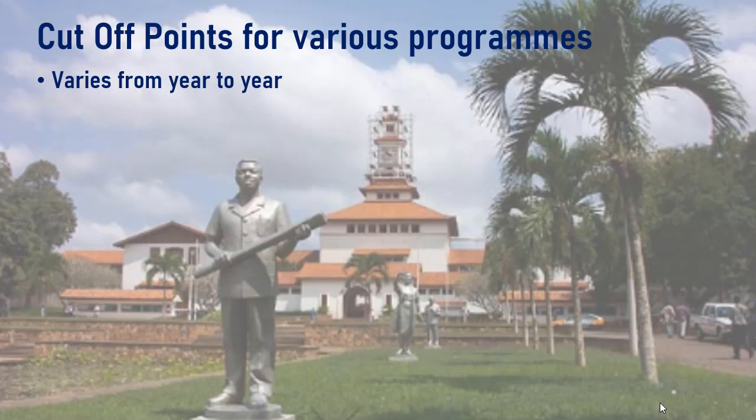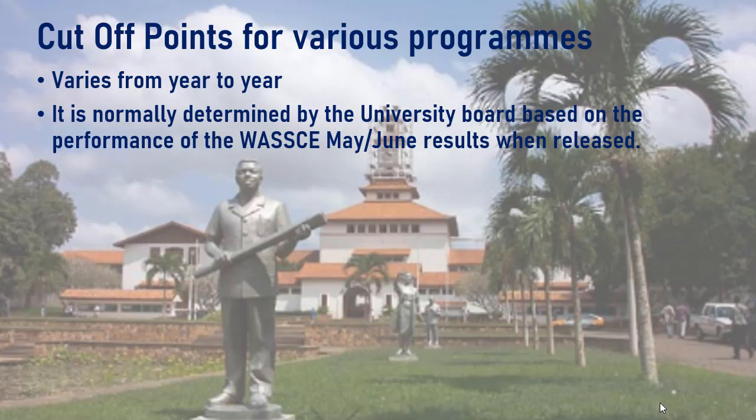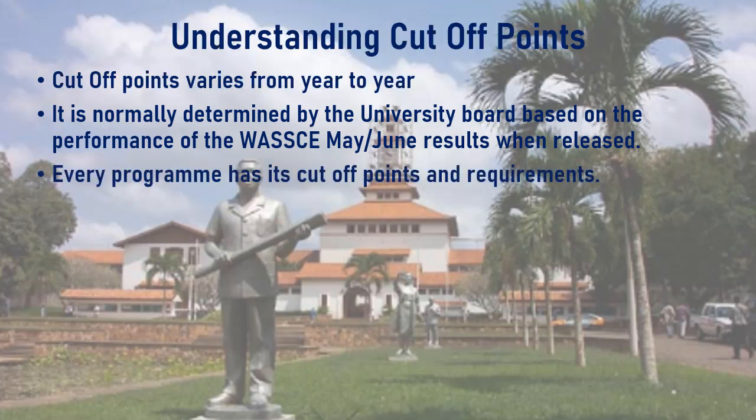They sit together to assess the performance of WASSCE applicants and set these new cutoff points. It is normally determined by the university board based on the performance in the WASSCE May-June results when released. So when WAEC releases its results, the board sits down to set its new cutoff points for all the various programs being offered at the University of Ghana.